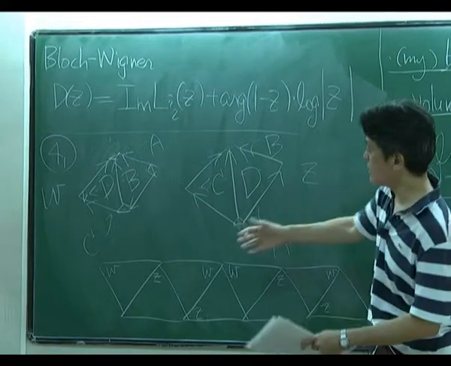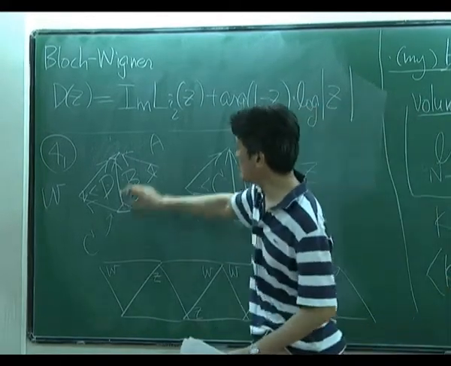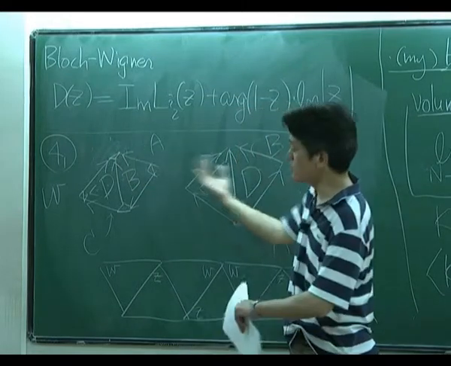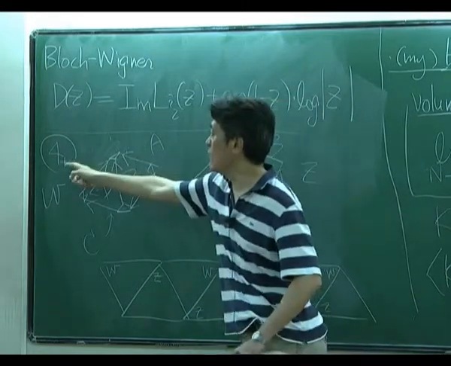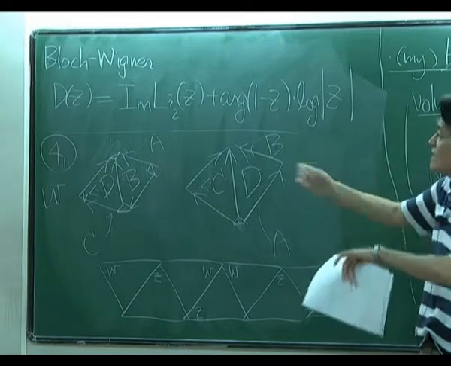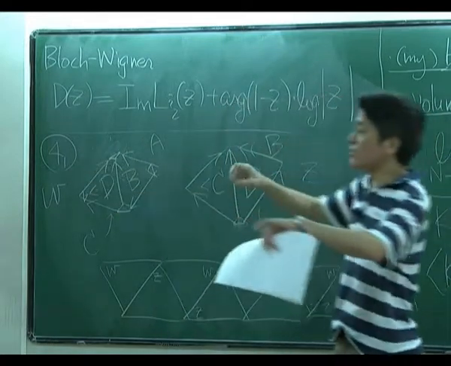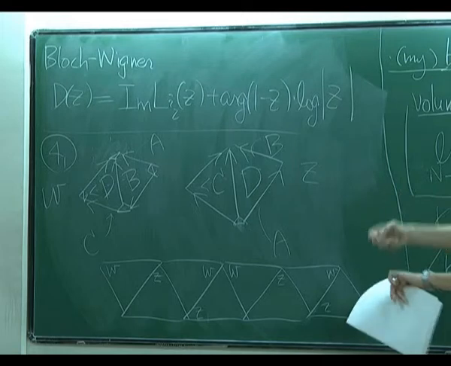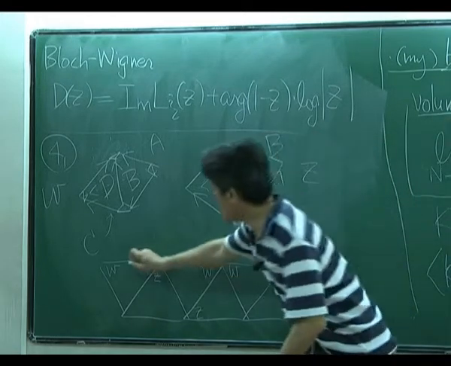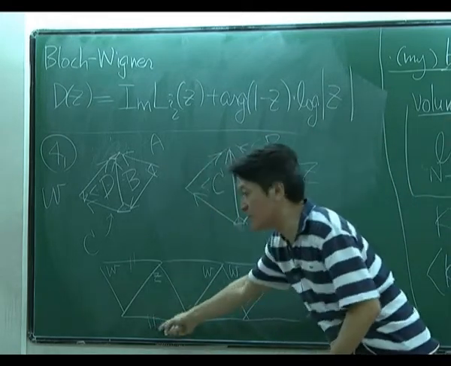Okay, this is a developing map, and this is the complement of the figure eight knot, and I consider the tubular neighborhood. Topologically, a tubular neighborhood is just a torus. So this edge is identified with this one.